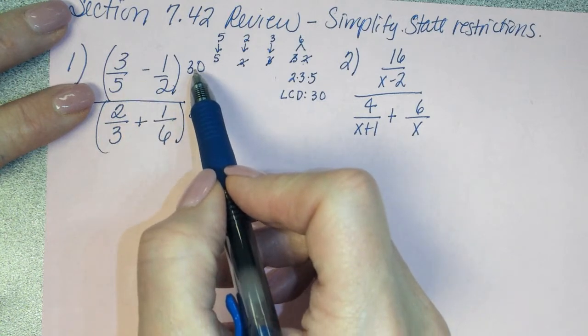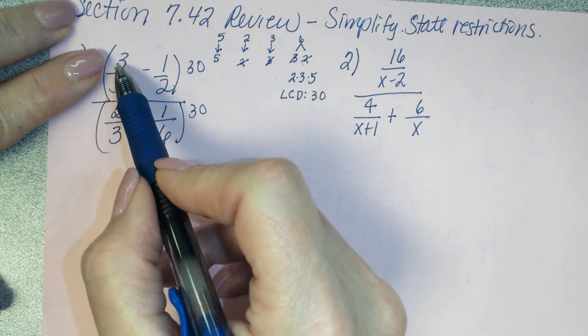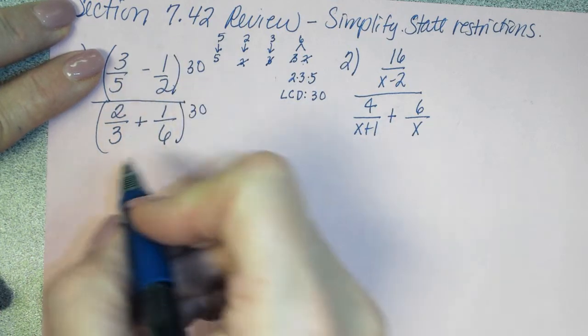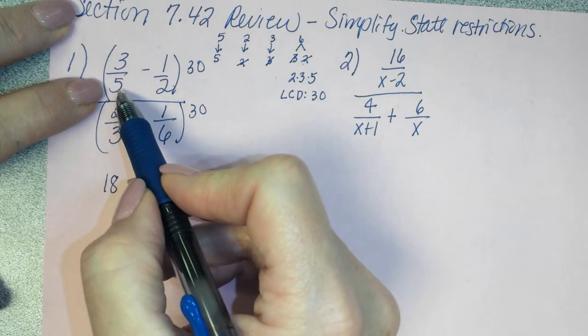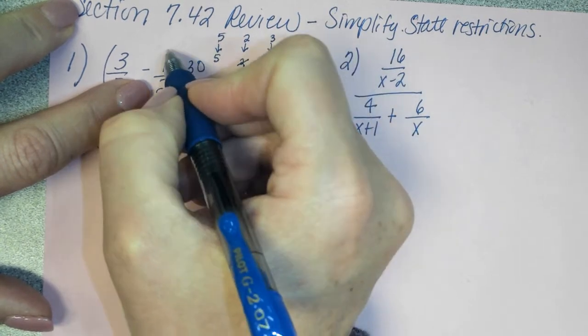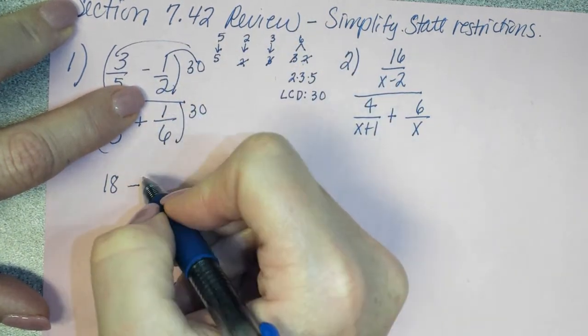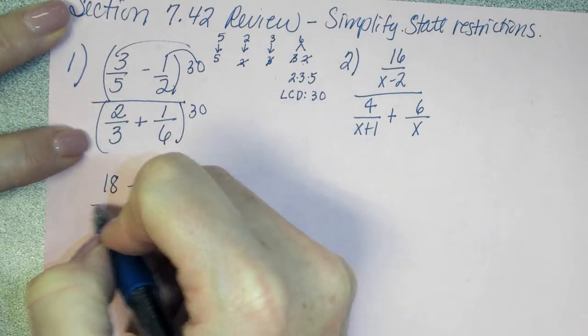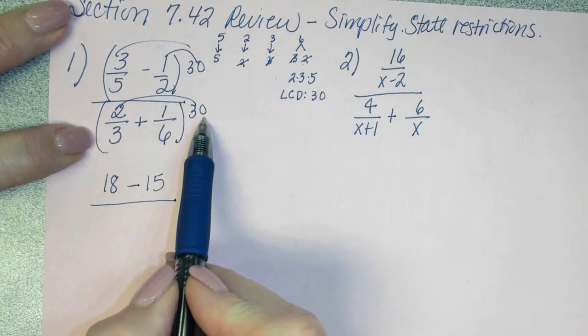So what is 30 divided by 5? And then times 3. 18. So I have 18 minus, this is not over 5 anymore because I divided by 5. On this one, I'm multiplying a half times 30. What is half of 30? 15. On this one, I'm multiplying 2/3 times 30.